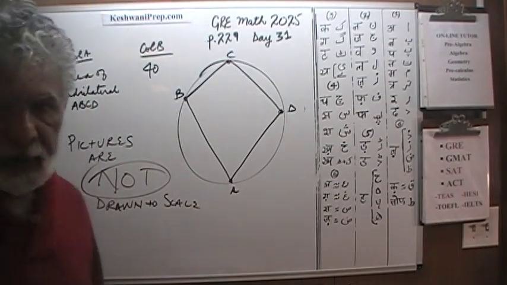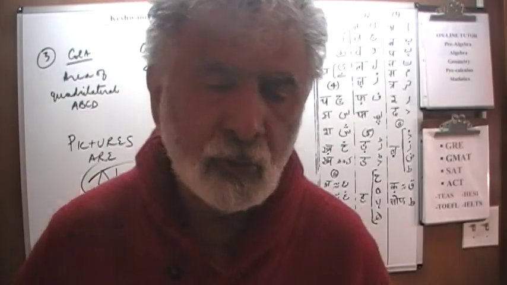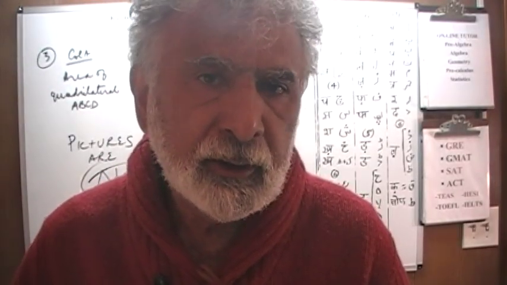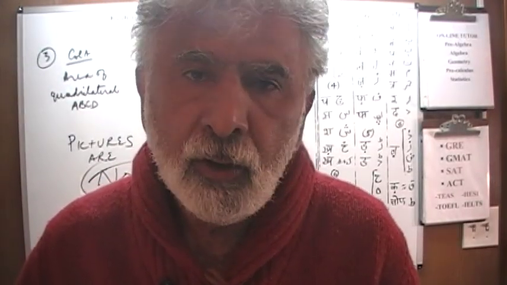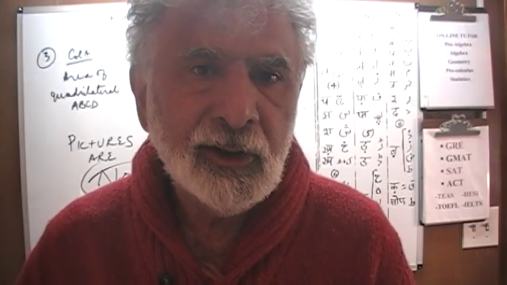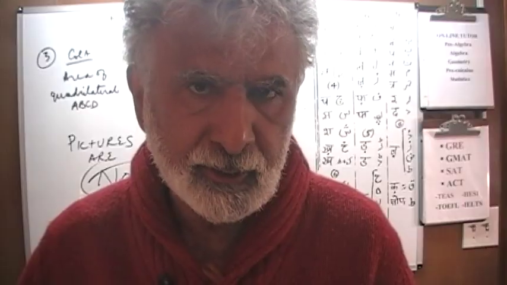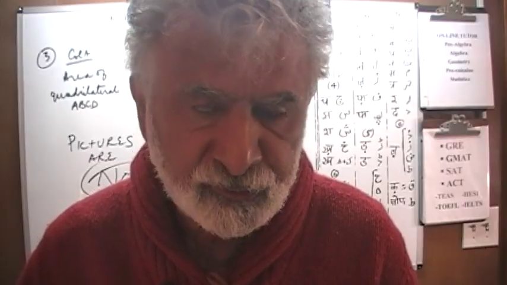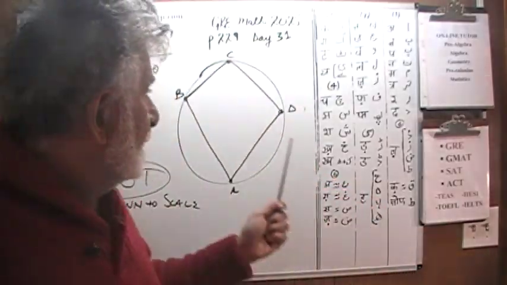When the GRE people tell us that the pictures are not drawn to scale, that is their polite way of saying what you see is not what you are getting, or at least not necessarily what you're getting. We can't just go by the picture.